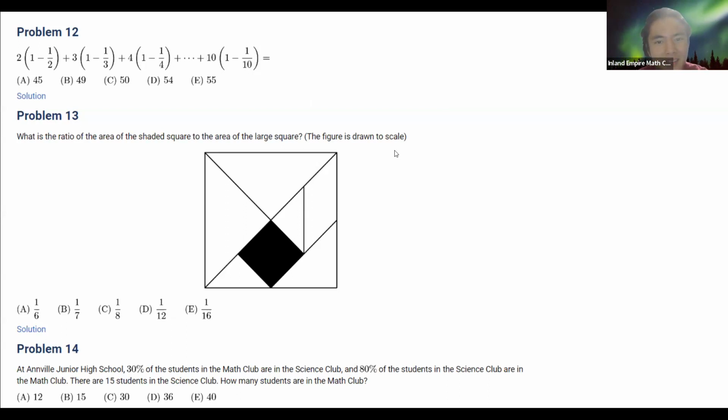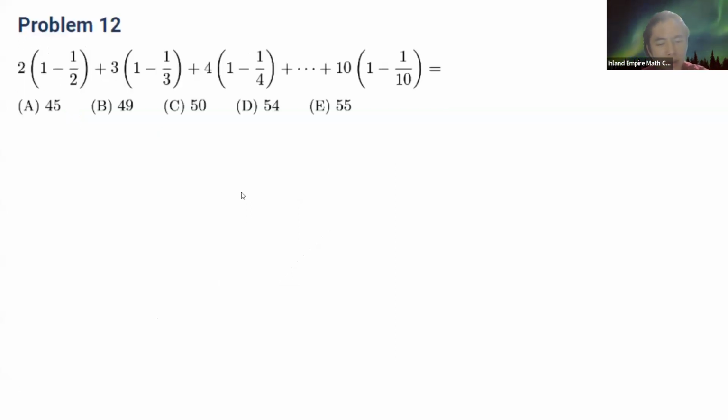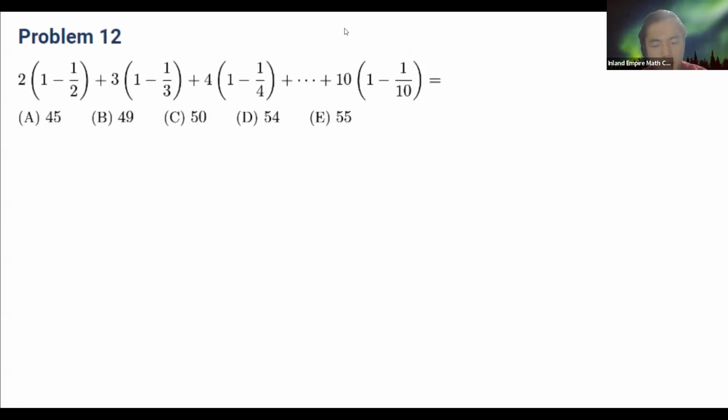So let's take a look at this. Problem 12, you have this huge arithmetic equation. What did we get for this? Did you guys solve it? Did no one solve this question? Okay.